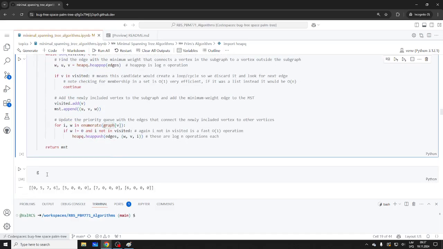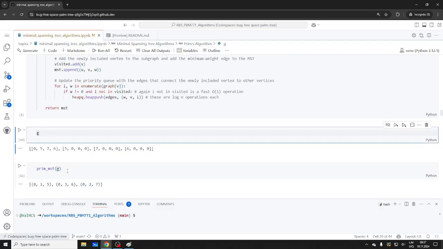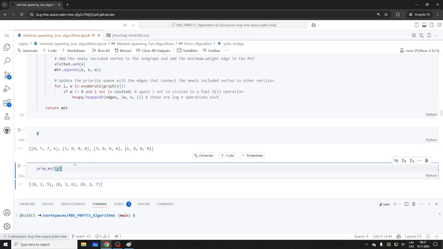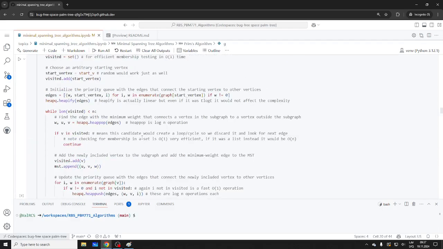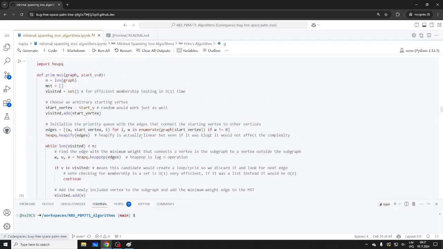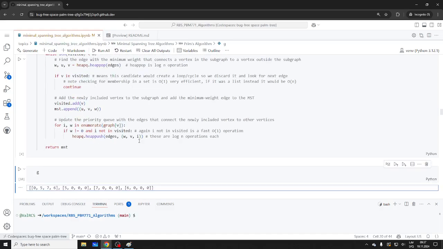So G, I'll need to do something. This looks like a 2D list, or no? Let's figure this out. That's the hardest part usually, trying to remember how I represented the graph.